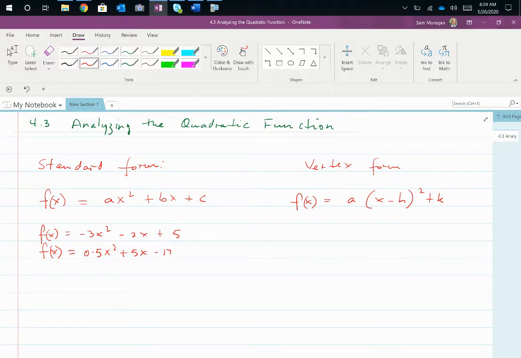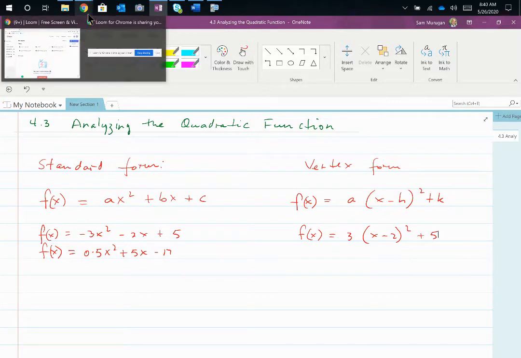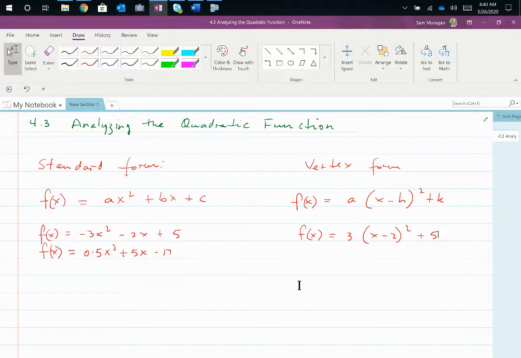And this could be some type of equation, or we'll get more into this later on, such as 3 into x minus 2 squared plus 5, which could be, if you squared x minus 2, multiplied it by 3, and added 5, you would get the standard form of the function. So I wanted you to be aware of these two forms before we continue.